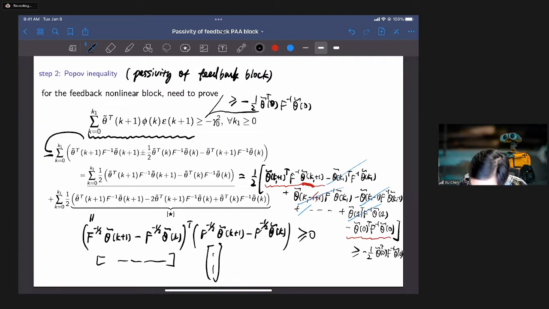And we can take gamma 0 squared to be this theta tilde transpose 0 F inverse theta tilde 0. That's how we have obtained a lower bound for this nonlinear feedback block.